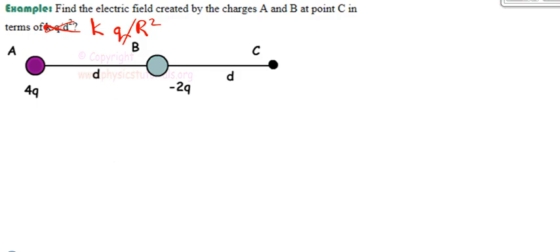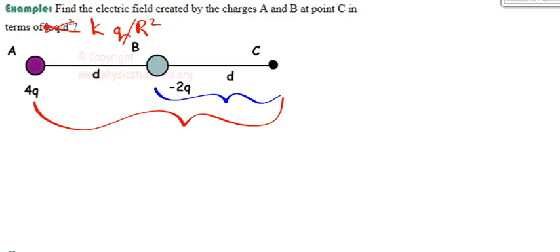So I need to find the field at point P. Well, the field at point P is affected by both this charge and this charge. And how you do this is just like we've done with vectors since almost the first day you came in. You find the force for one, you find the force for the other, and then you simply take the vector sum of that.